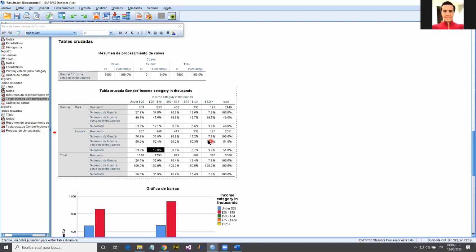Now, if we only look at the main income, this one, we can now focus on the difference between that one. So we have 47% of male versus 52%.